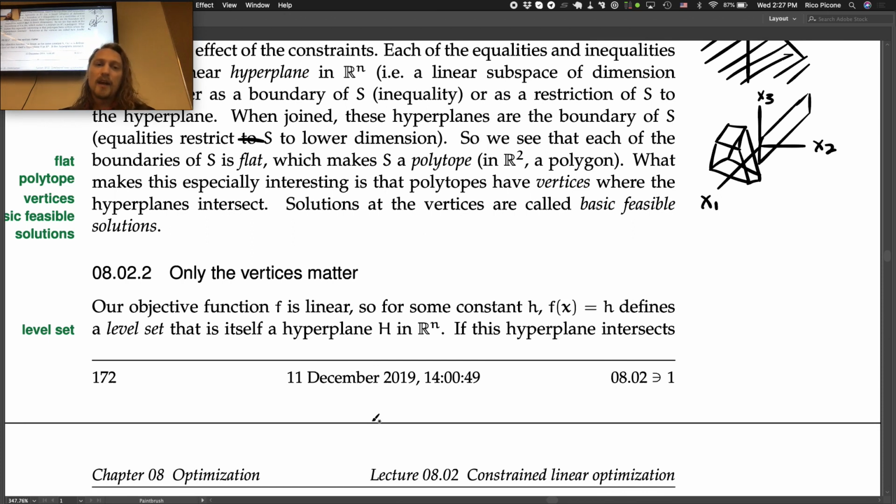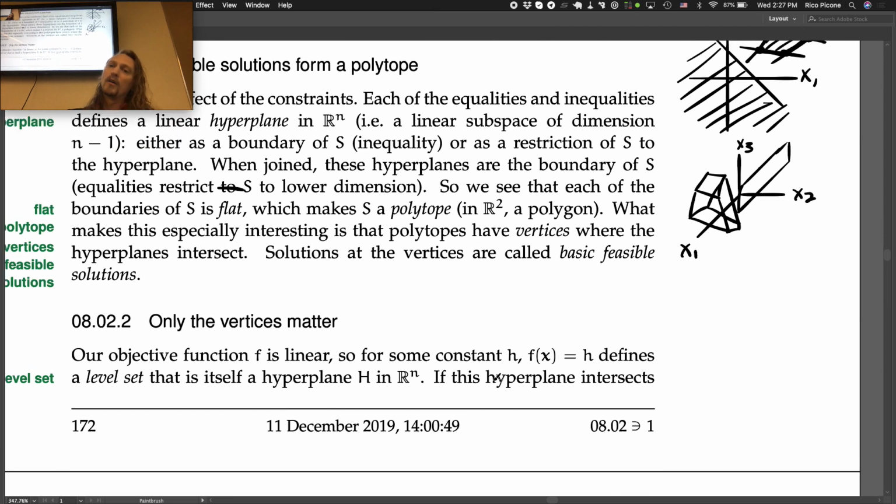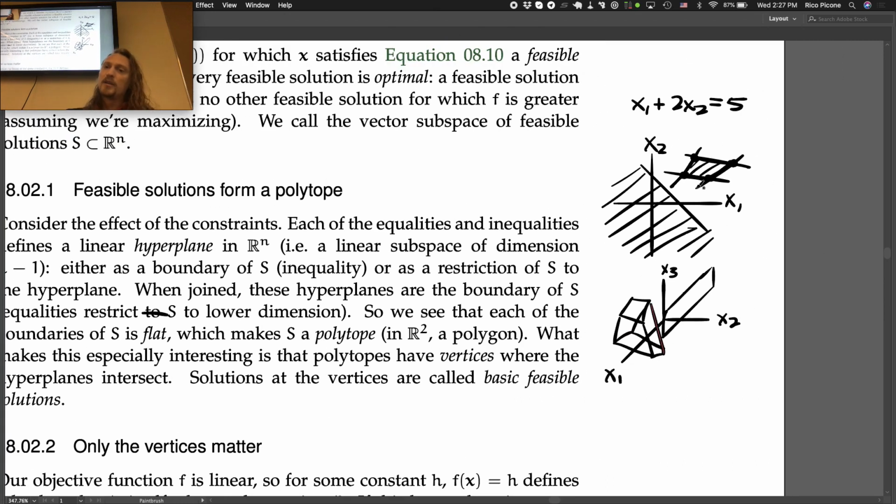Our objective function, f, is linear. So for some constant h, f of x equals h defines a level set that is itself a hyperplane h in Rn. Thinking back to our R2 space, we have a linear function f over x1, x2. You could think of that as being like the third dimension coming out of the board. And what does a linear function of two variables look like? a1x1 plus a2x2 equal to a constant?